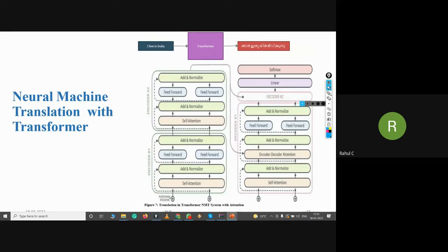Positional encoding is also done in the stacked encoder-decoder model. You can see encoder 1 going to encoder 2, and multiple words can be processed at a time. More than one word can be processed with the help of the transformer. That's why you can see different encoders, different decoders, and also a self-attention mechanism, and a feed-forward network.